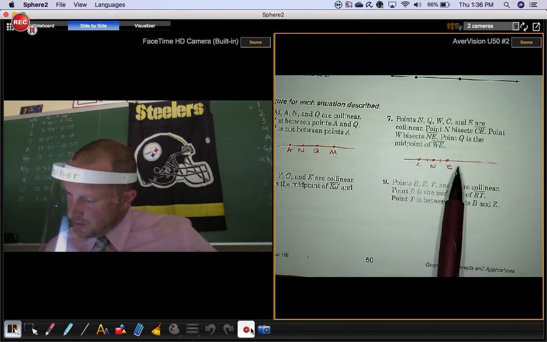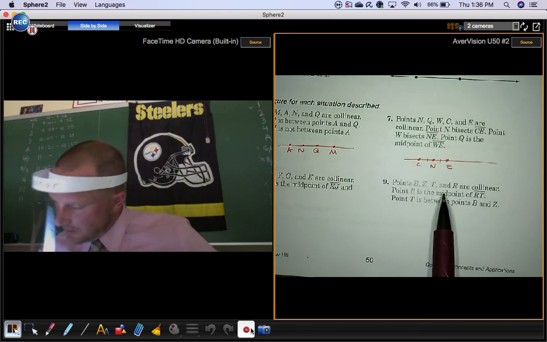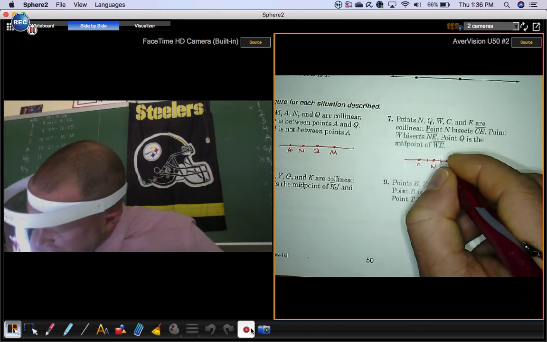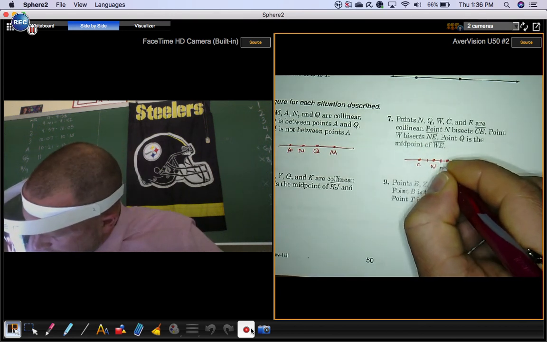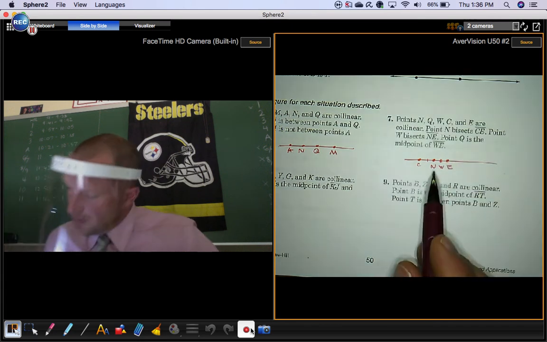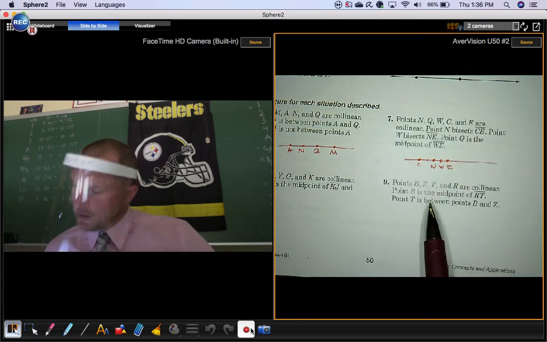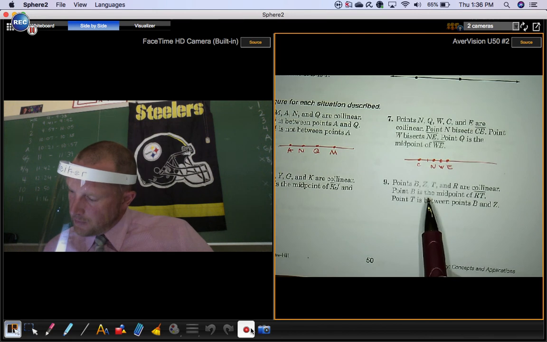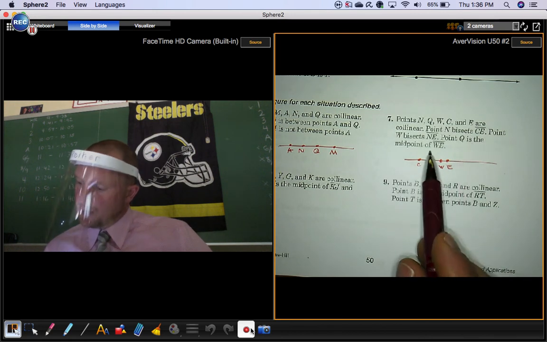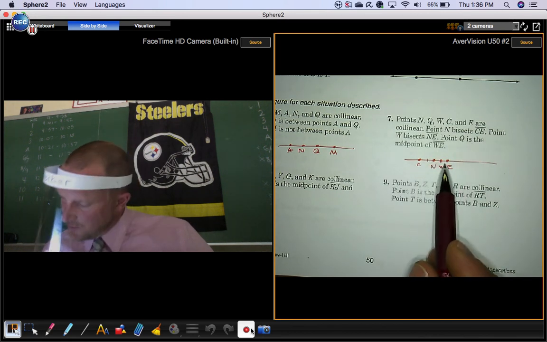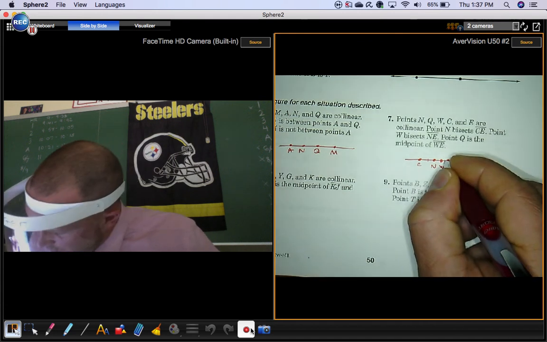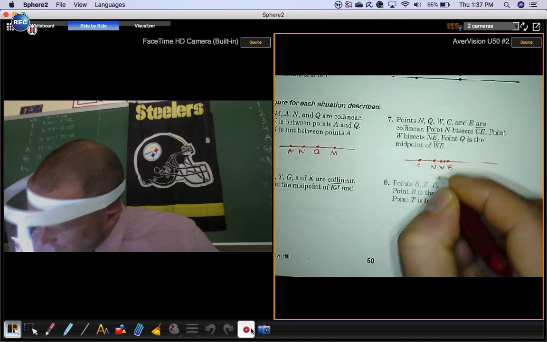Point W is going to bisect segment NE. So point W is going to be directly in between point N and point E. And then point Q is the midpoint of segment WE. So here's segment WE. Point Q is the midpoint of it, so it's directly in between.